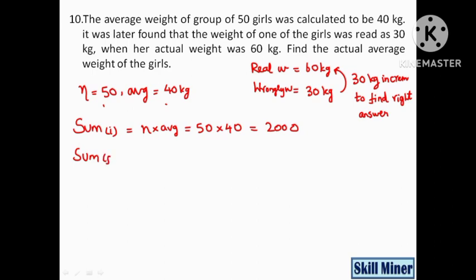Sum final will be this 2000 minus the wrong reading, that is 30, plus the new reading, that is 60, which will give me the value 2030.